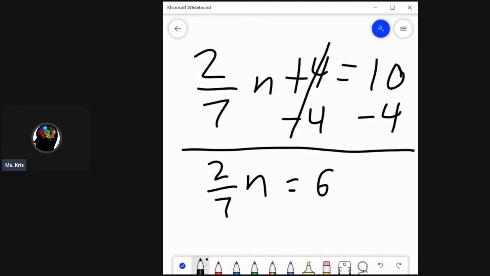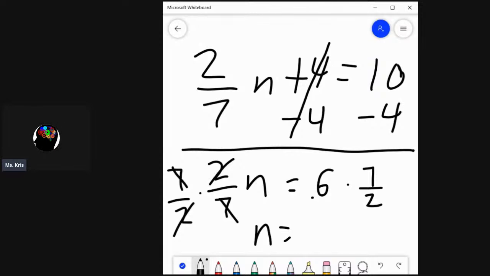Once I get to 6, I will multiply by my flipped fraction or my reciprocated fraction, which is 7 over 2. I do that on both sides. And of course, crossing out the 7 on the top, crossing out the 7 on the bottom, crossing out the 2 on the top, crossing out the 2 on the bottom. And that, of course, will leave me with n.